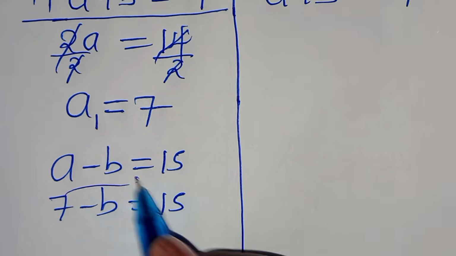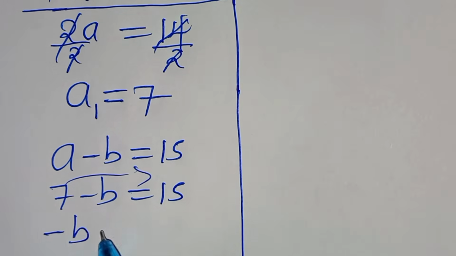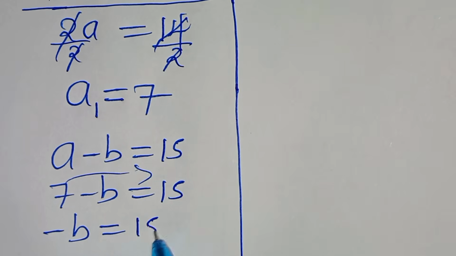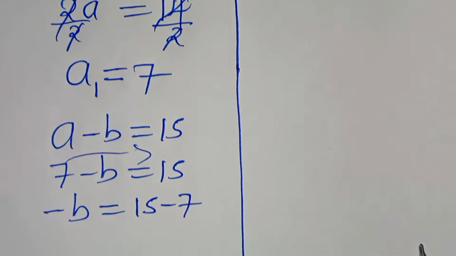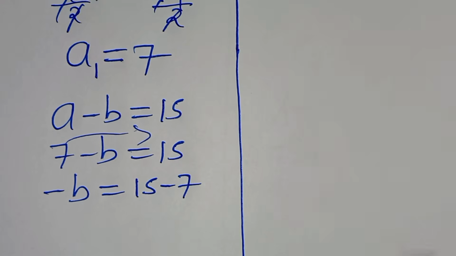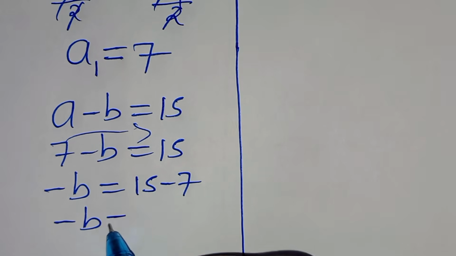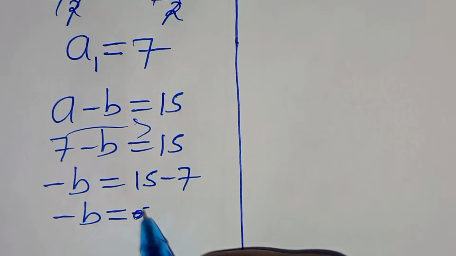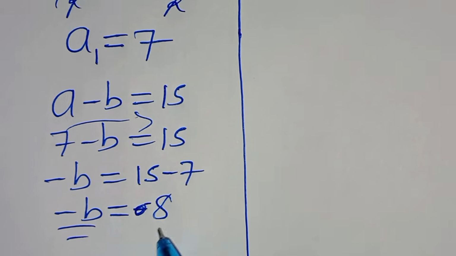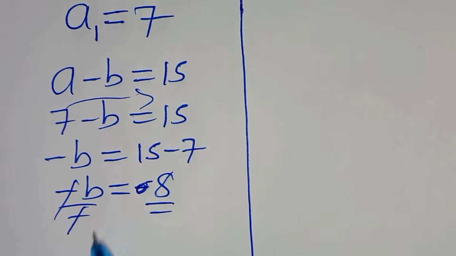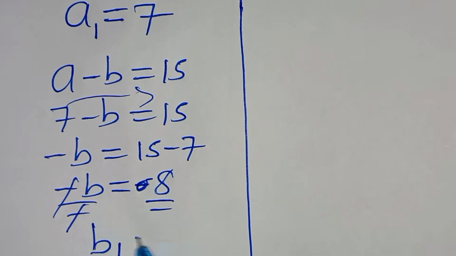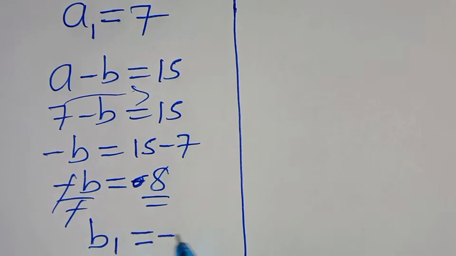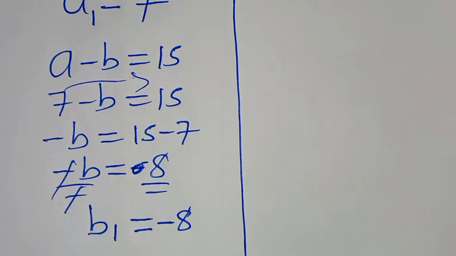Let's take 7 to the right hand side. So minus B is equal to 15 minus 7, which is 8. So let's divide by minus 1, so that B1 is equal to minus 8.